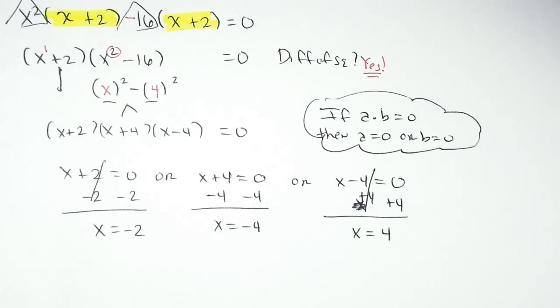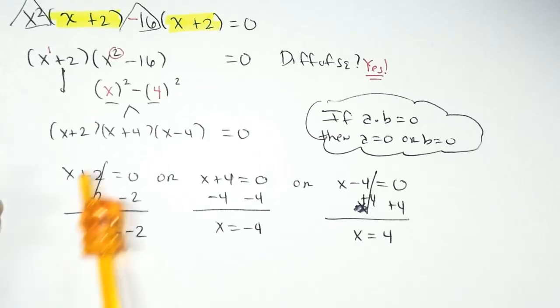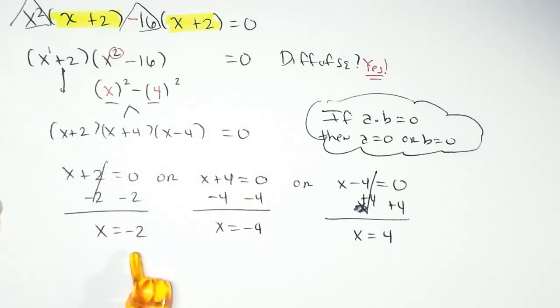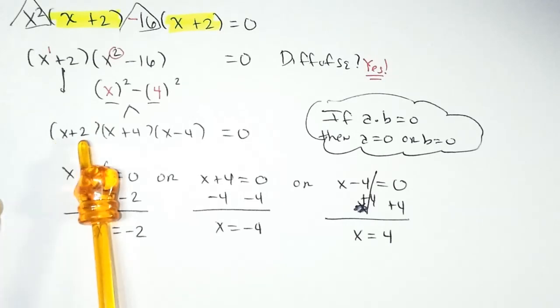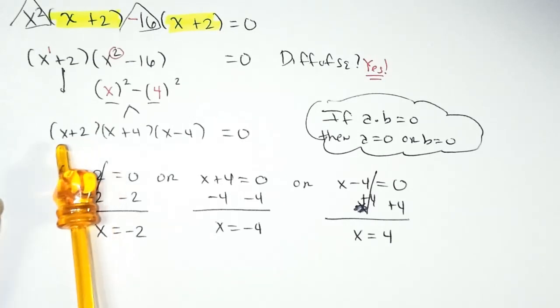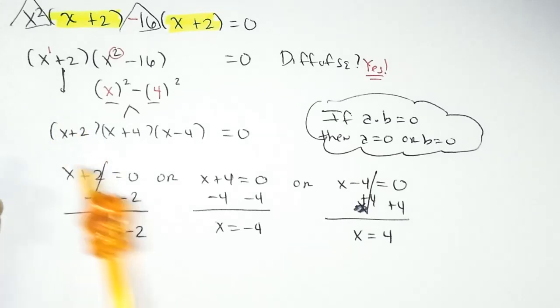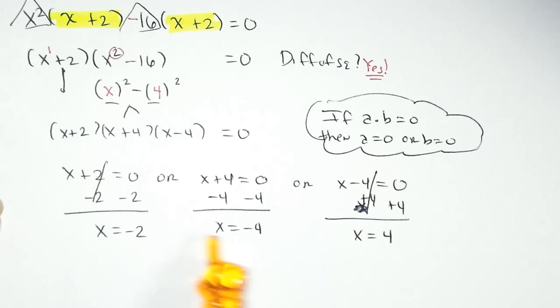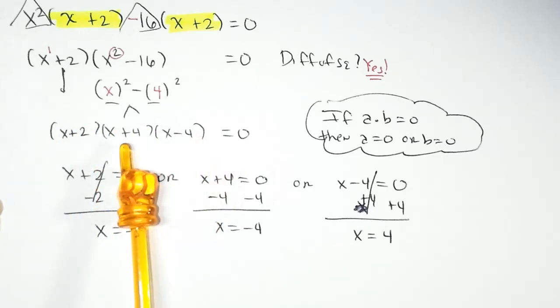So let me break it down. When x equals -2, I'm going to plug it into this expression right here. If x equals -2, -2 plus 2 is 0. So the answer is not 0, but this factor evaluates to 0. If x equals -4, we plug it in anywhere, but I'm going to pay special attention to the middle factor.